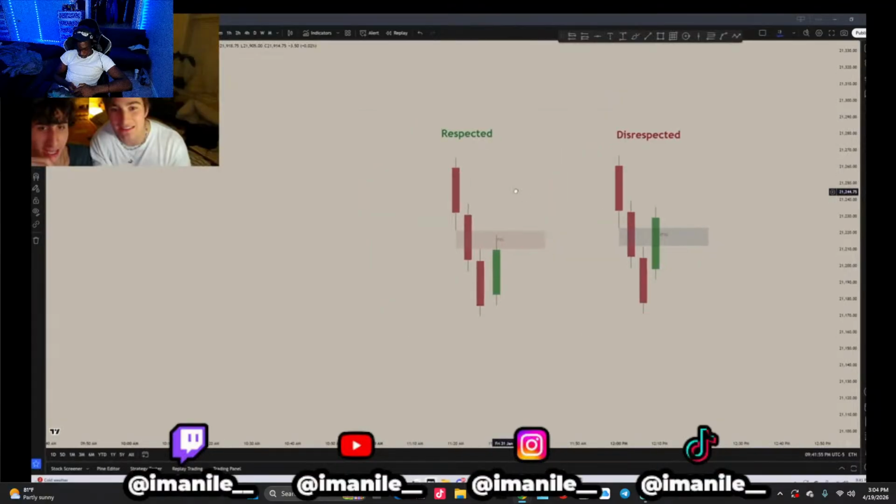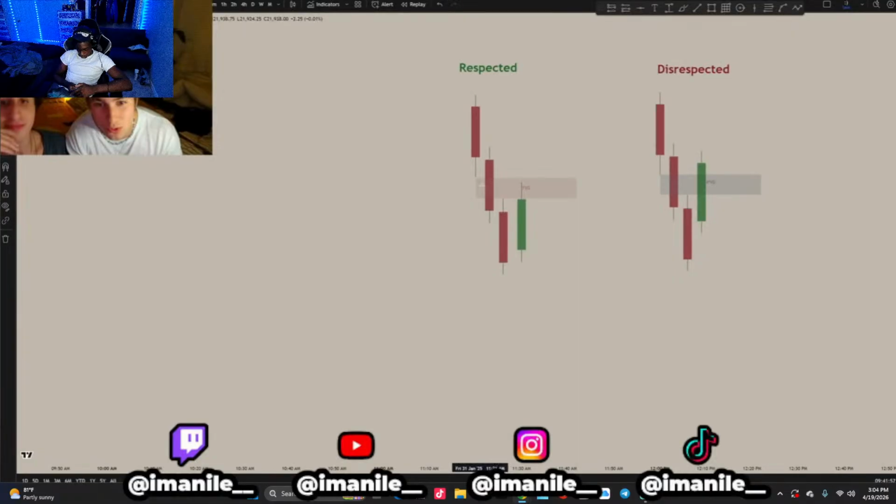So if you look over on the left, you can see the price has a 3 candle sequence. Candle 1 low, candle 3 high do not meet. Therefore, you create a fair value gap. What happens? Price trades into the fair value gap and it reacts, and therefore the wick respects, the body respects, the fair value gap is respected.